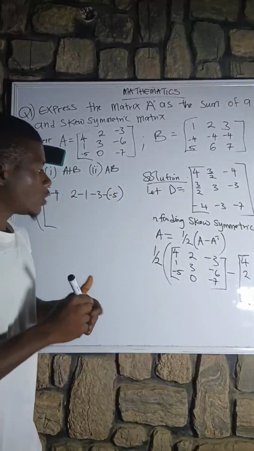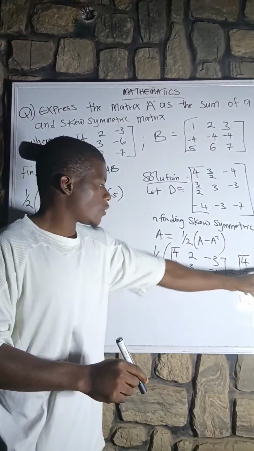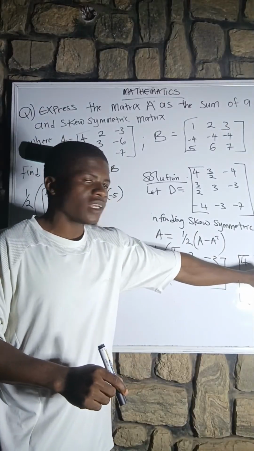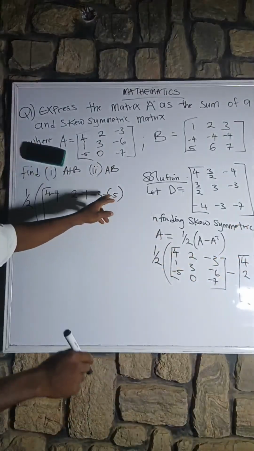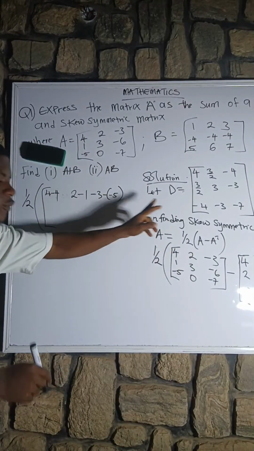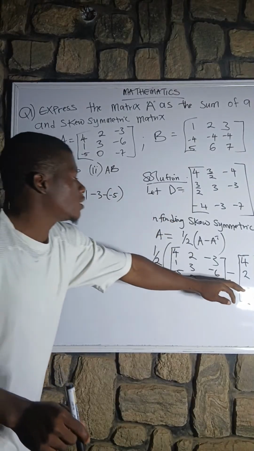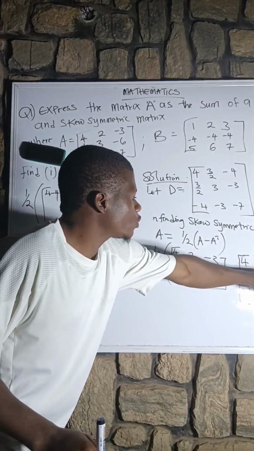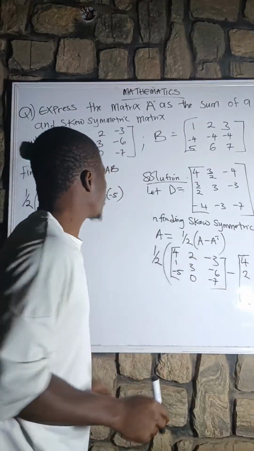Take note, this is minus 3 and the 5 here is also having a minus sign. So that is why we have minus 3 minus 5. Don't forget to write the sign of the minus that is in front of the 5.